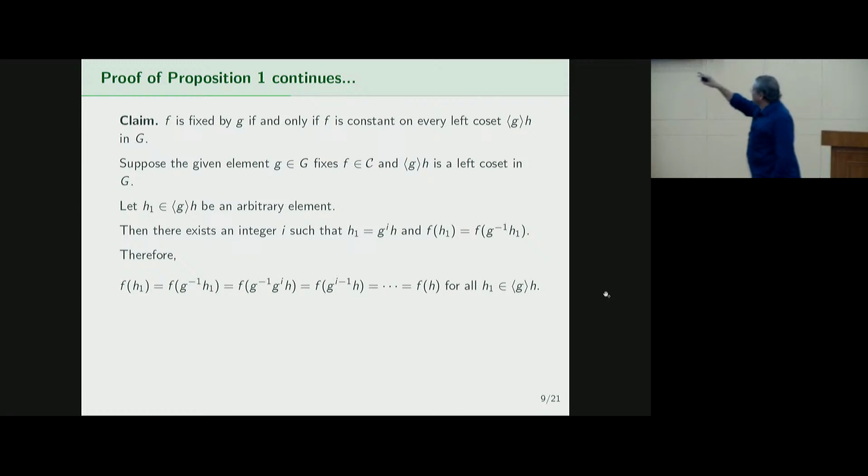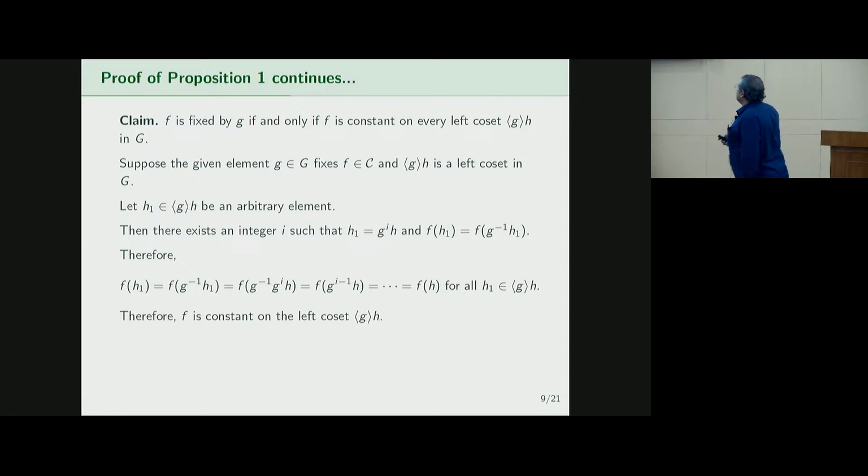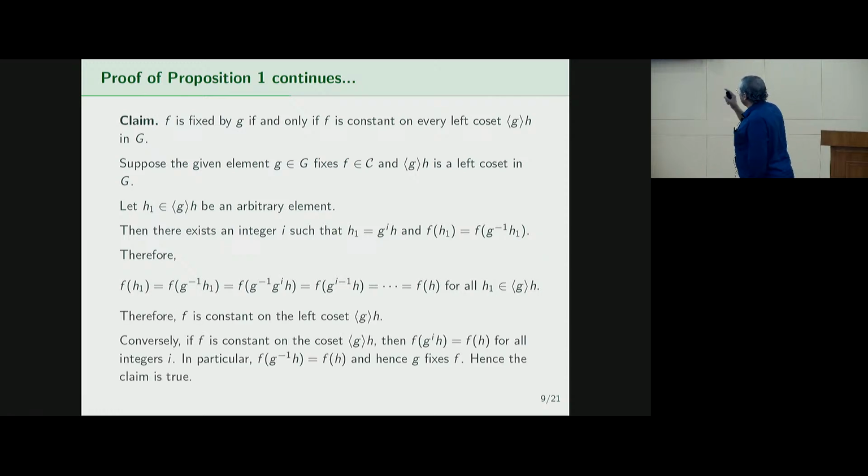So for any element of this left coset, the function is constant. It depends only on the representative h. So f is constant, and similarly, if f is constant on the left cosets, then automatically g fixes f.